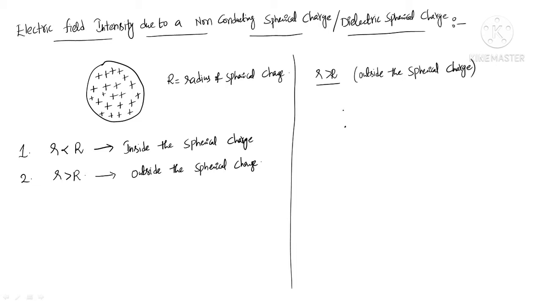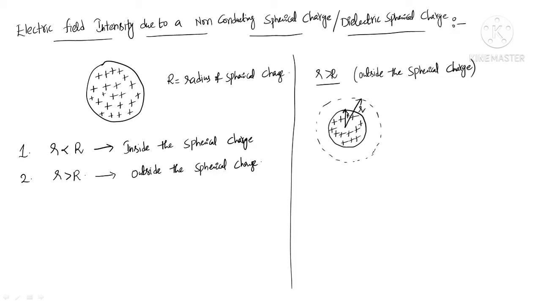This is the center. This is the spherical charge distribution, where the charge is uniformly distributed in the entire volume, and I am considering another spherical surface enclosing this sphere, of radius small r. This is an imaginary radius which is larger, and the radius of the charge is capital R. This is the Gaussian surface.